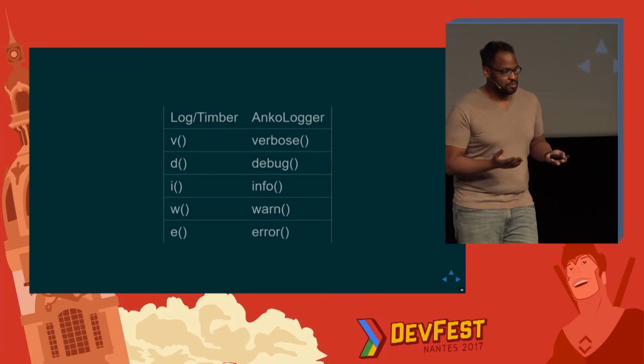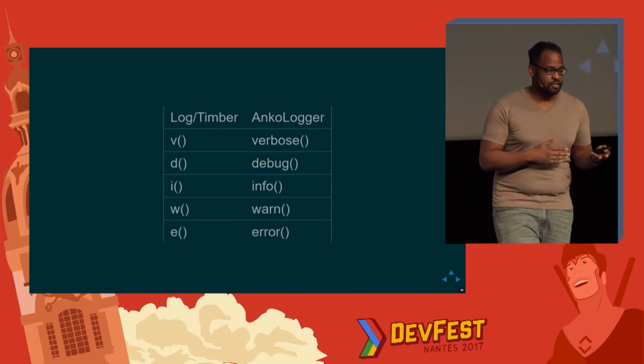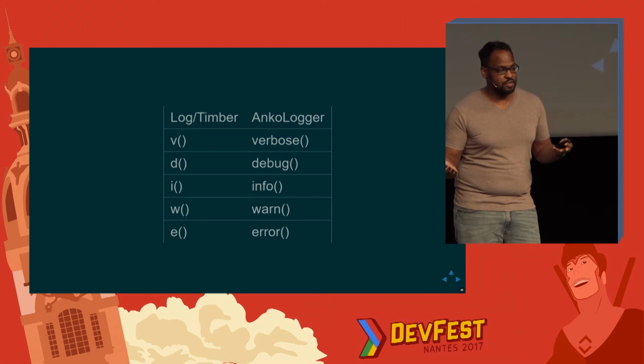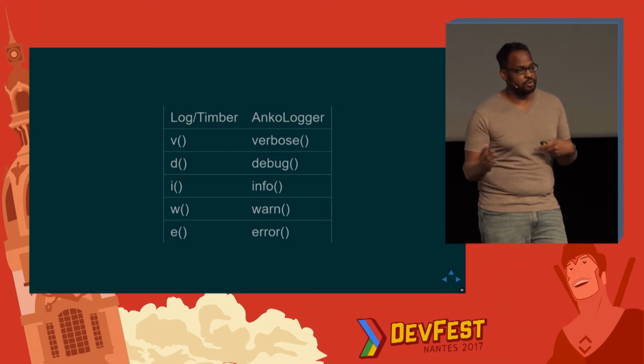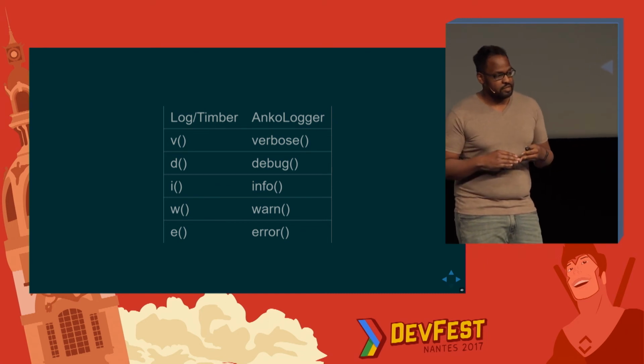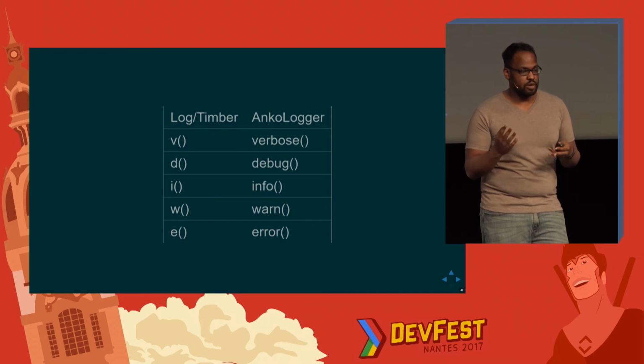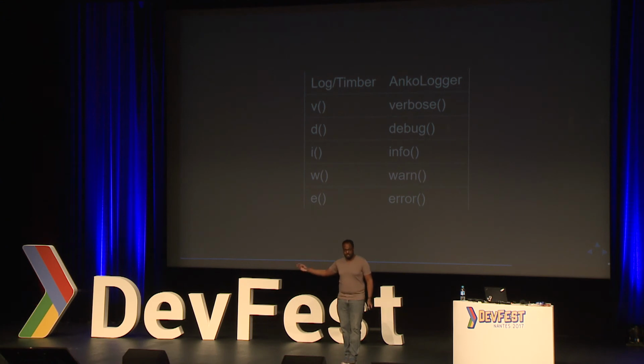One of the reasons why I'd say it's a personal choice is Anko Logger is a bit more verbose than Android.util.Log or Timber. One of the benefits, though, is that for Anko Logger, as opposed to Android.util.Log, you don't have to do the whole static final String TAG equals whatever my long class name is thing.